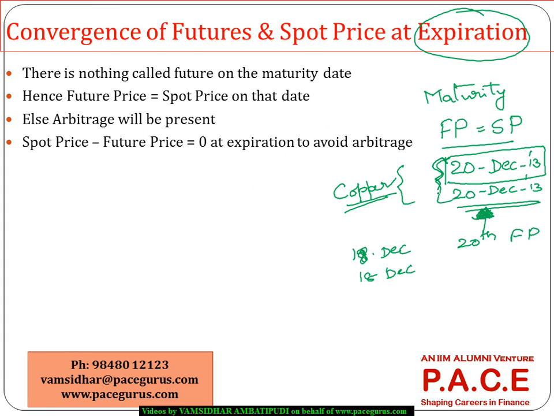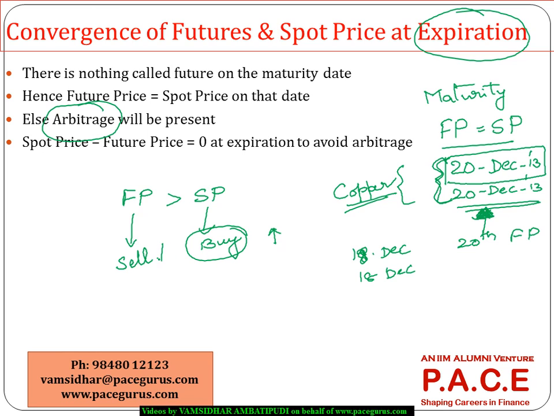If at all there is a difference in the price between these two markets, then arbitrage will be present. So if the futures price is greater than the spot market price, there will be heavy buying in the spot market on that day and heavy selling in the futures market. Because of heavy buying here, the price will increase here, and with heavy selling, the price will decrease there, until both become equal on that day.